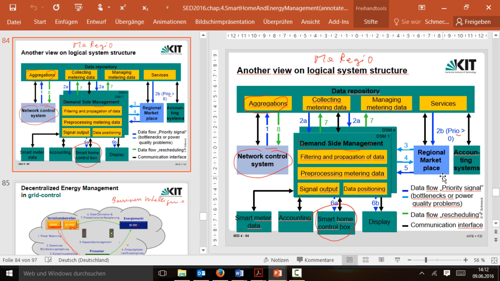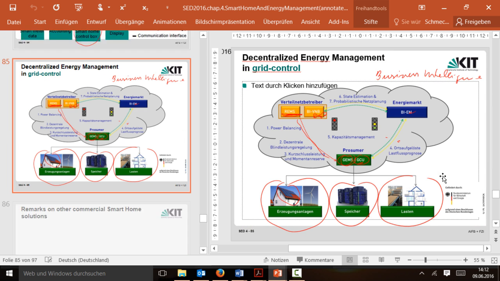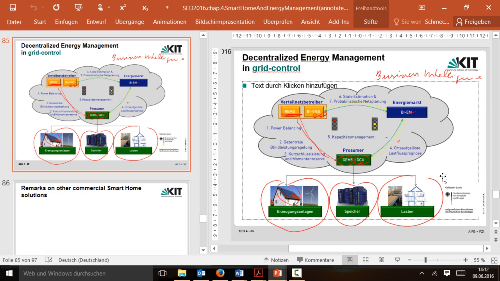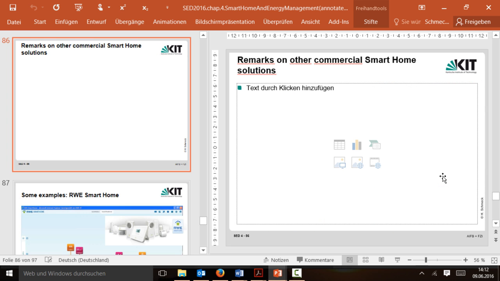Unless there's not sufficient time, then it will be sent directly as a command to actually respond immediately. And so this is, in some way, the predecessor of what we call the Ampel model or the traffic light model for energy management, which is looked at in more detail in the grid control project, which we are just now working on here at Karlsruhe.